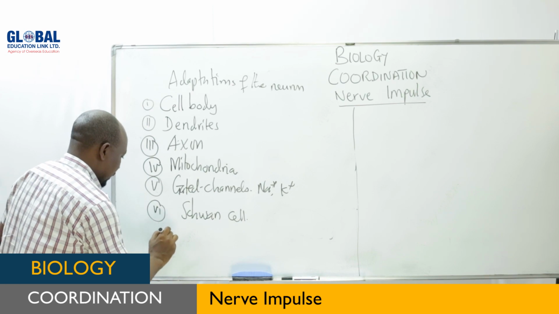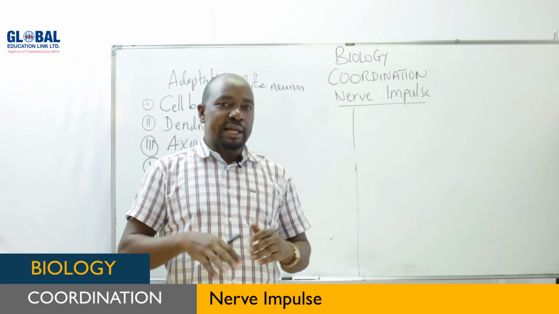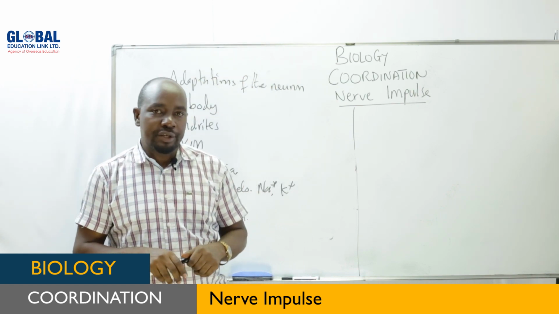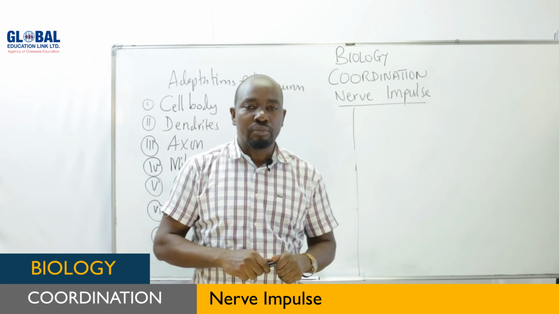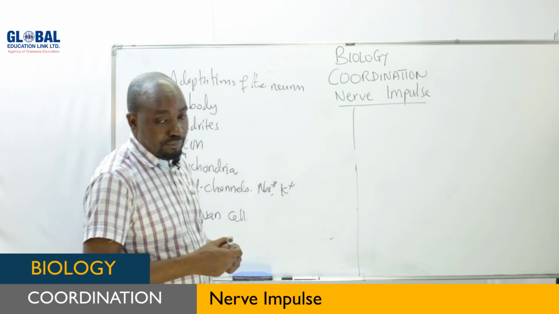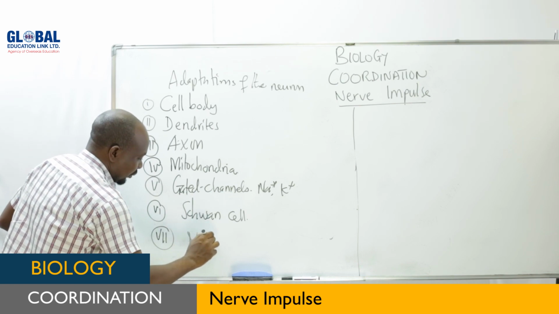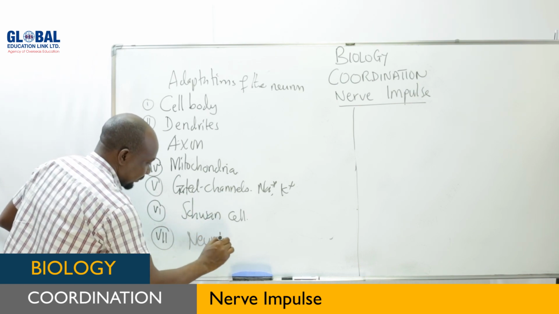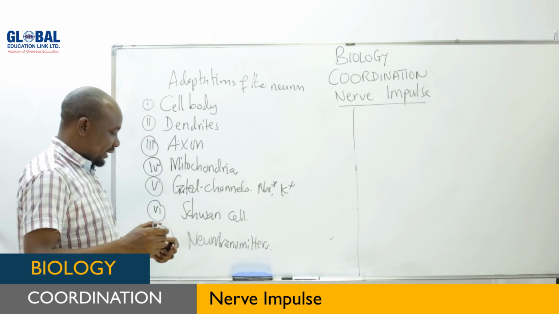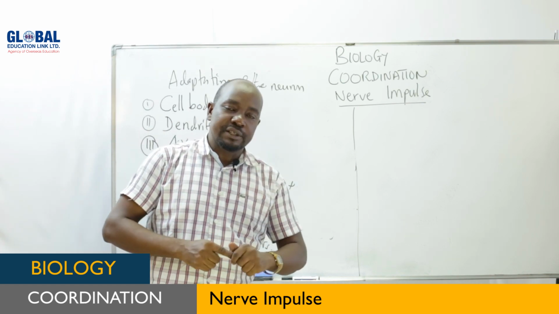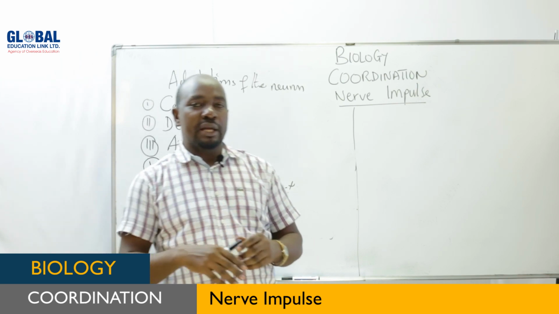Also, the neurons are highly packed at the terminal dendrites of the axon, or the synaptic knob, with chemical substances known as neurotransmitters. The neurotransmitters are special chemical substances which carry the nerve impulse across the synapse.